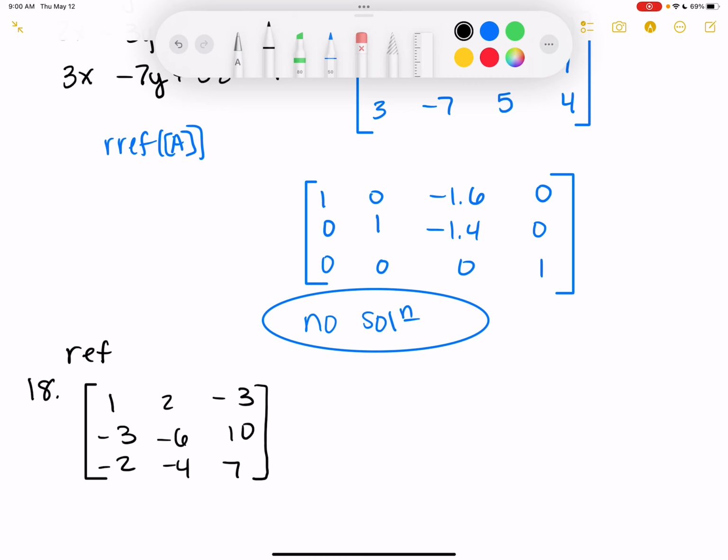Oh. Yep. Forgot that was me. Oh, what? I have to do it myself first. I figured it out. So we're using REF instead.